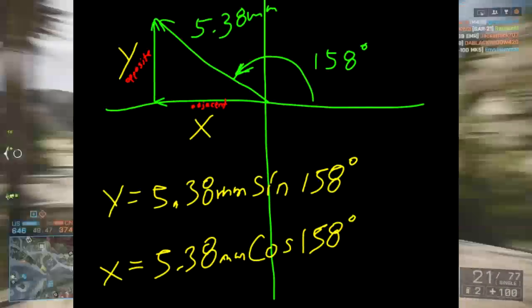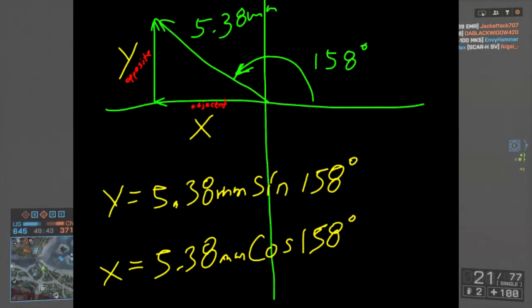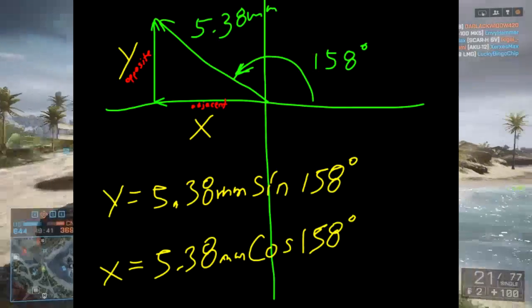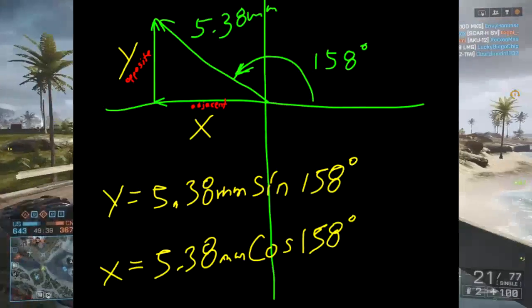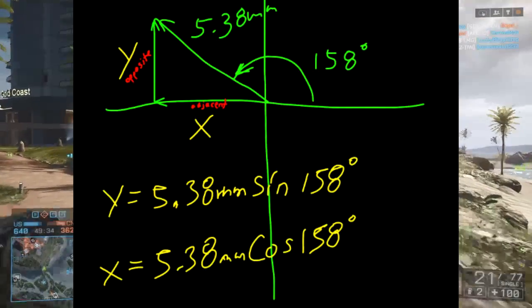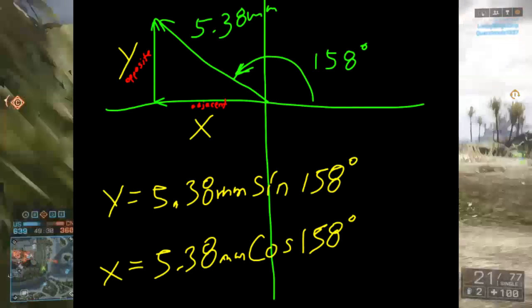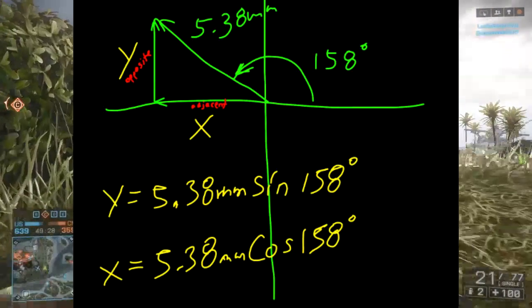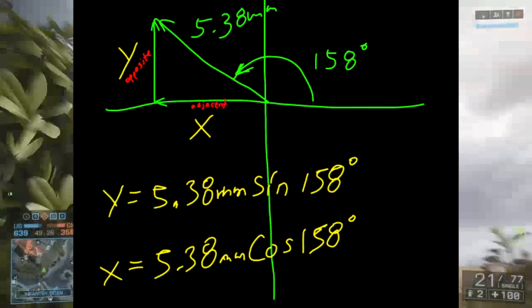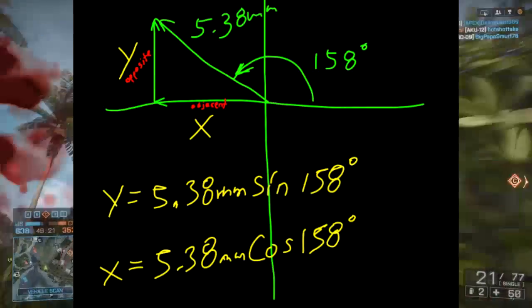Okay, and to solve for the y component, we type in 5.38 and then we use sine, because we're trying to look for the opposite value of the triangle. So type in 5.38 sine 158 and that will give you 2.02 millimeters.